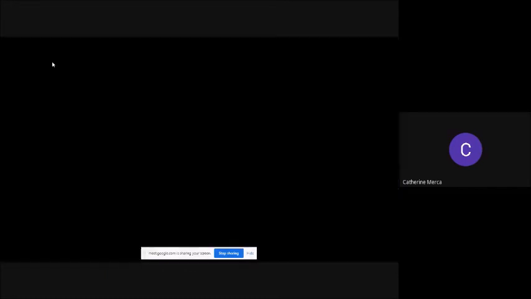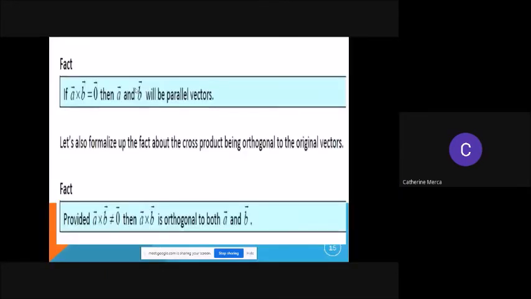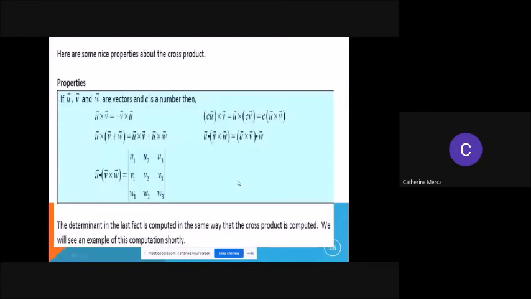Then next, there are some nice properties about your cross product. If you have three vectors and C is a number, then U cross V is the negative of V cross U, remember the first example that we had about cross product.